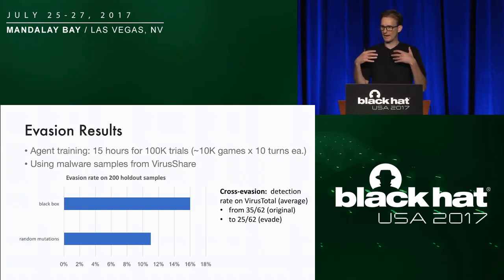Then I give them to my agent, and he will manipulate them in a way specifically intended to bypass my toy model. However, when I upload those samples, it turns out that they also evade 10 additional AV engines in VirusTotal. So this is driving home the point that even though I am not attacking any of those models in VirusTotal, by attacking my toy model, I have also succeeded in evading some of those in VirusTotal.